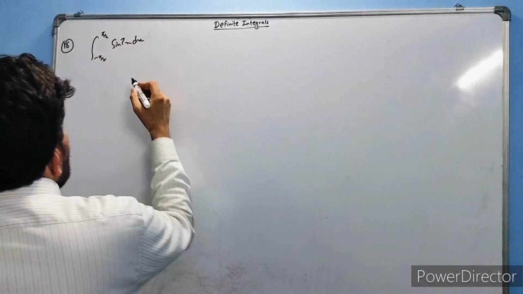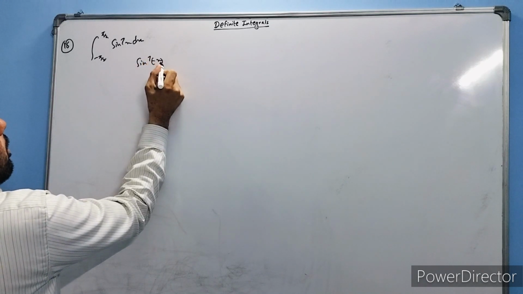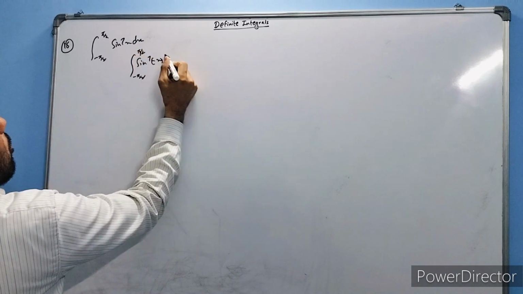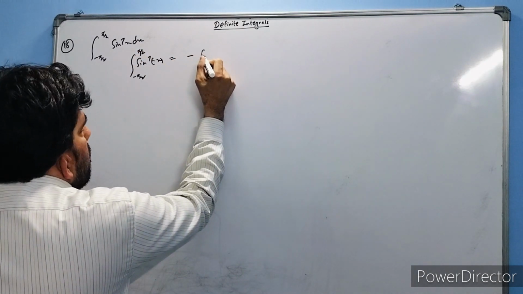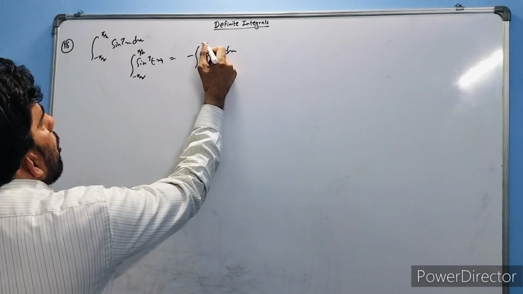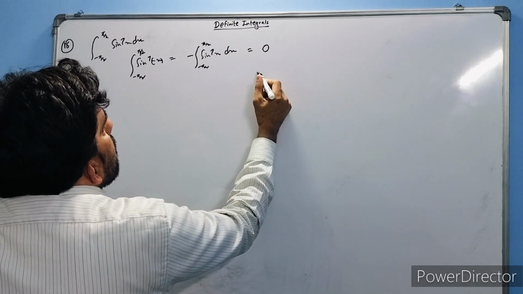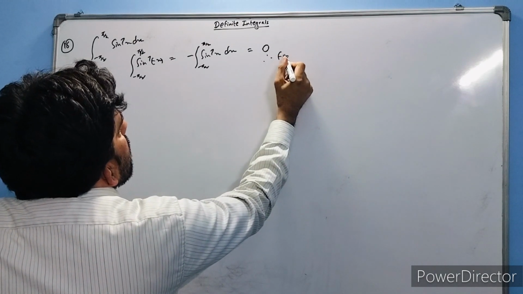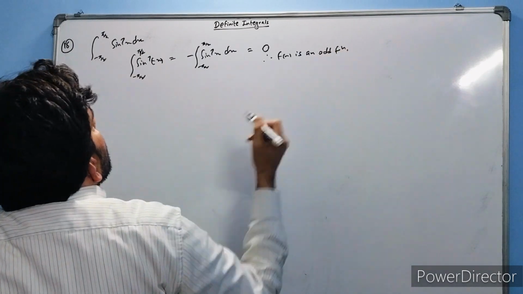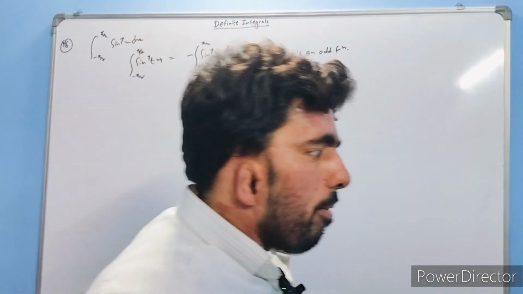We all know that sin 7(minus x) will be the negative function, so we can say it will be 0 since f(x) is an odd function. Odd function, so it will be negative. That is how we evaluate the definite integral.